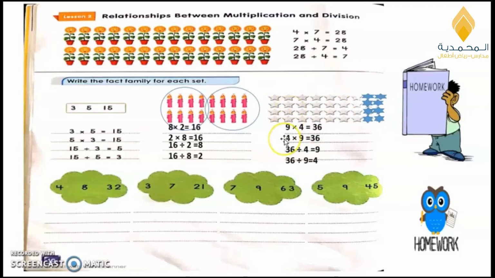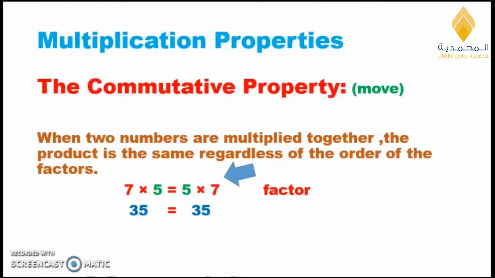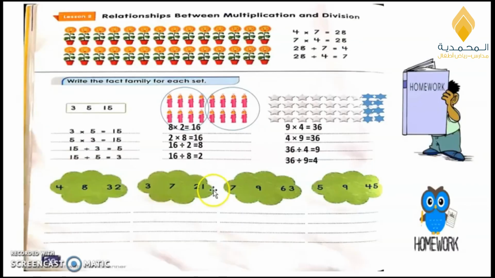And I can rewrite it in another way using the commutative property. Again, I want to remind you about the commutative property. I can write 4 times 9 also equals 36. Look, 9 times 4 or 4 times 9, it will give me 36 each time.